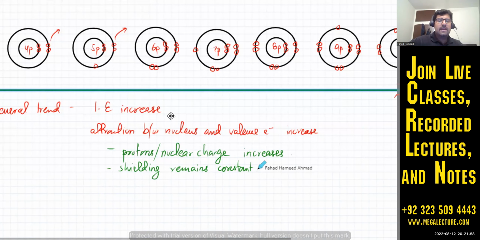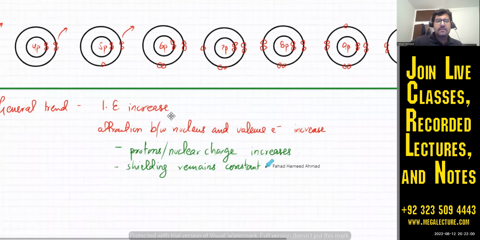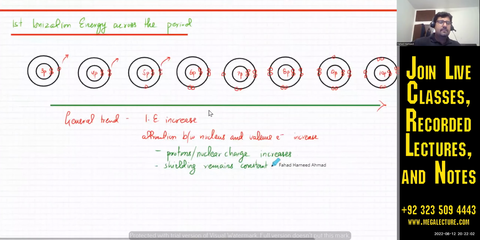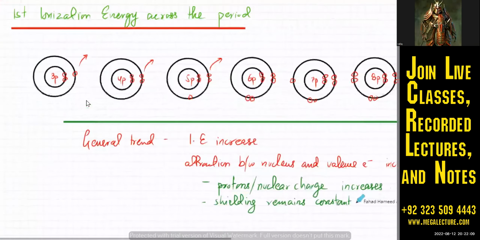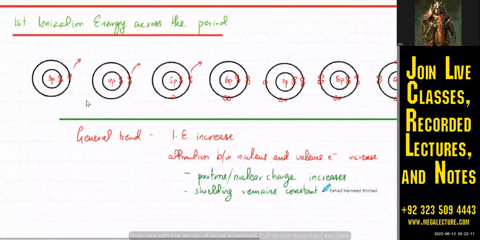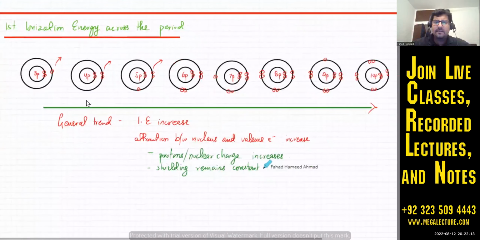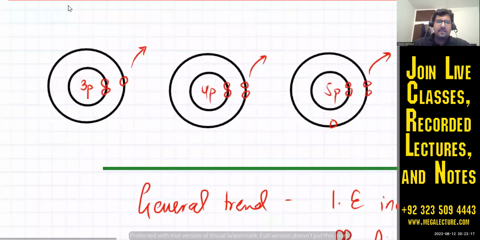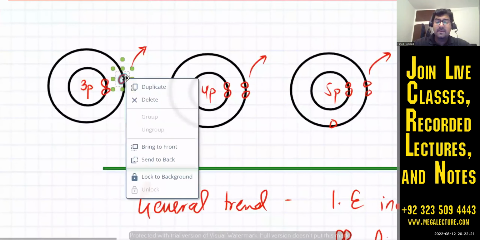What about distance? What happens to the distance of the electron from the nucleus? Is there any change or not? Sir, there is. And in what way? In this case, sir, it decreases. Achha, and why does it decrease? In this one, you're removing electrons from the second shell.